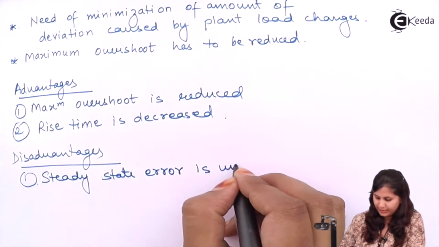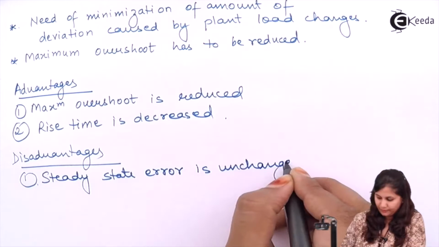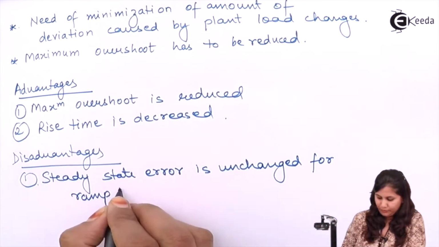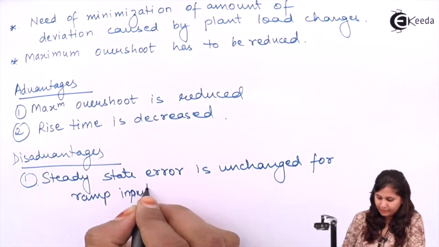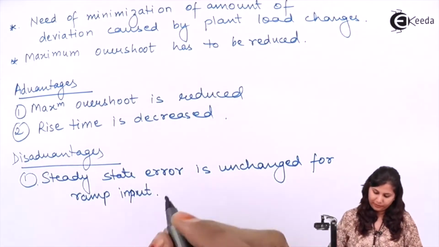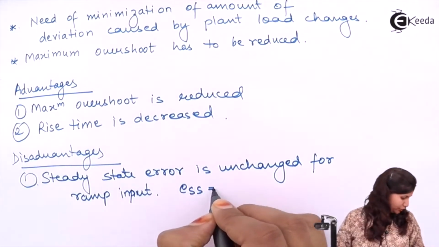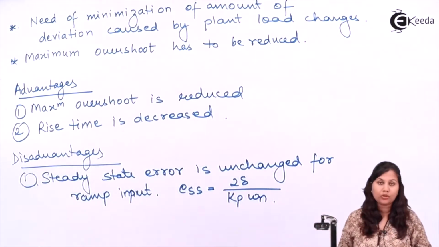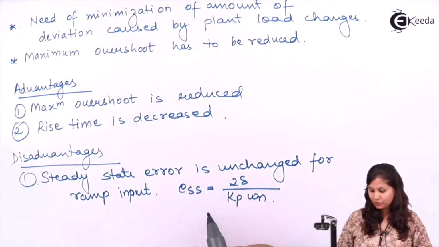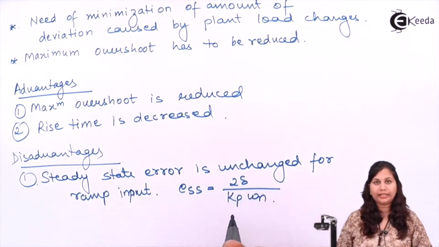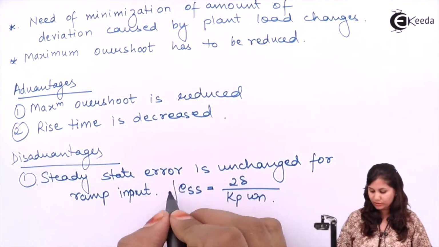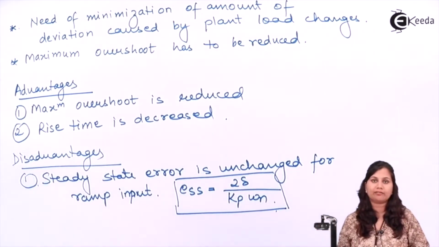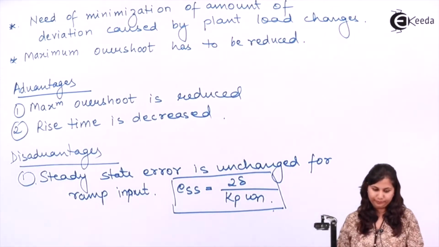So the steady state error is unchanged for ramp input, because in the formula which we got, ESS equals 2 delta upon Kp omega n, there is no variable involved here which is changed. So this remains the same for the ramp input, and it is the disadvantage of the PD controller.